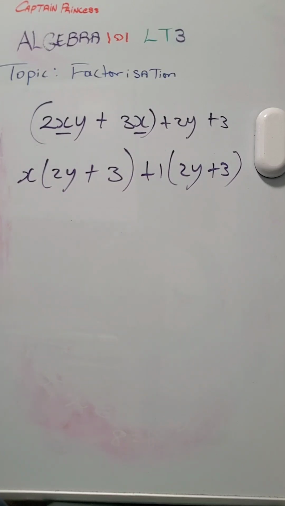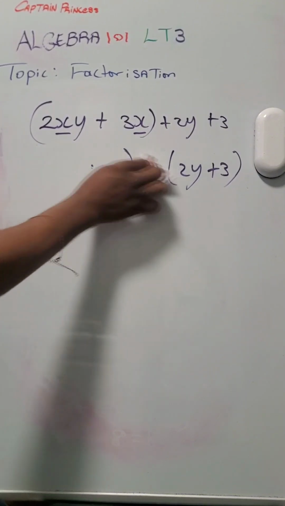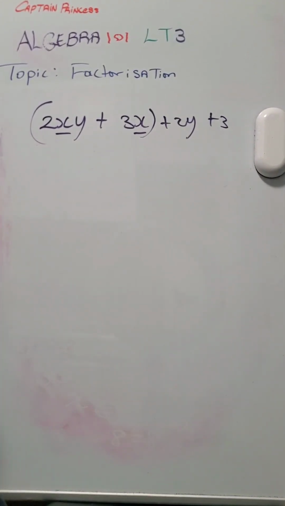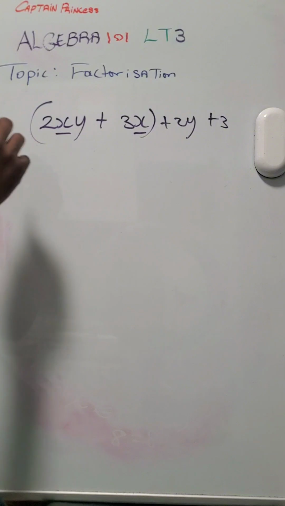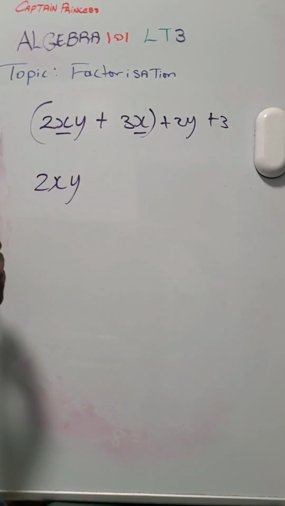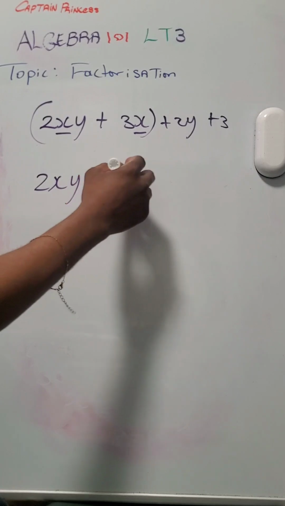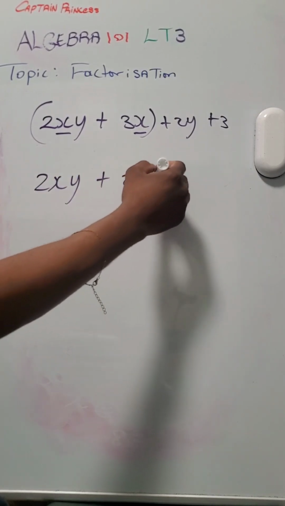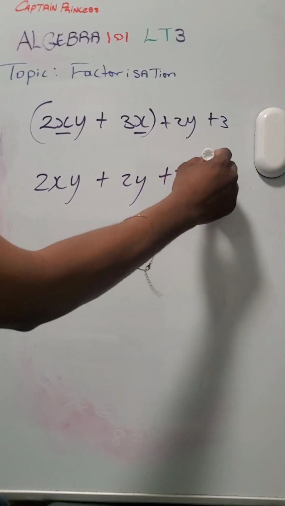So once again, what I've proven is that whenever you are rearranging these expressions, you have to rearrange them according to the law that was stated earlier. Now look at this. Say we were to rearrange 2xy plus 2y plus 3x plus 3.